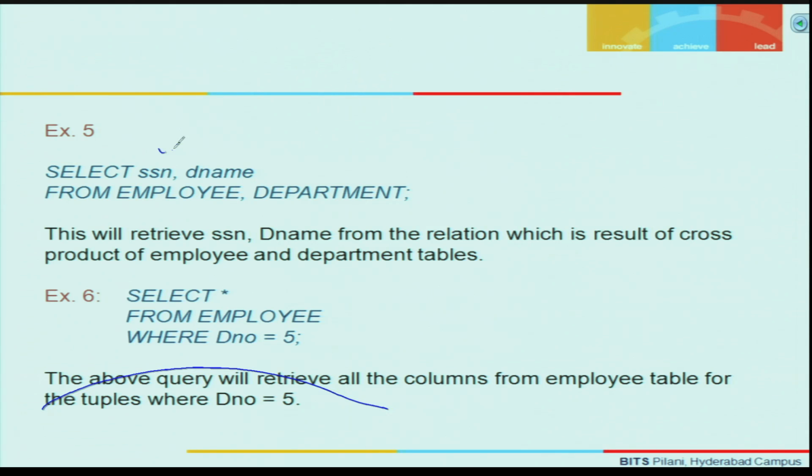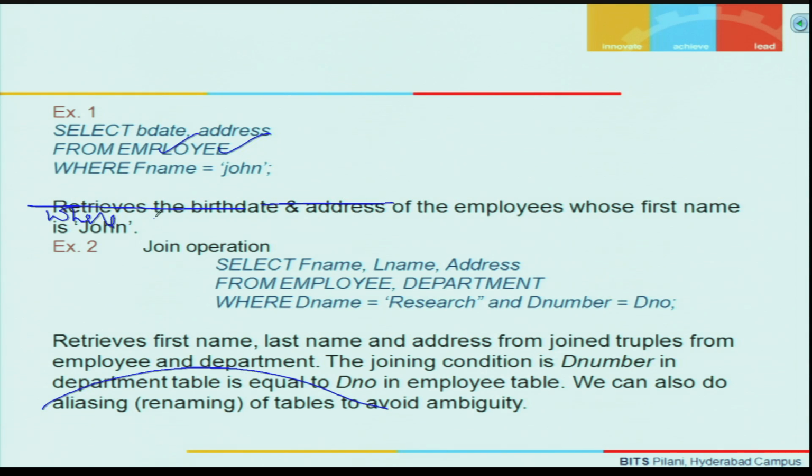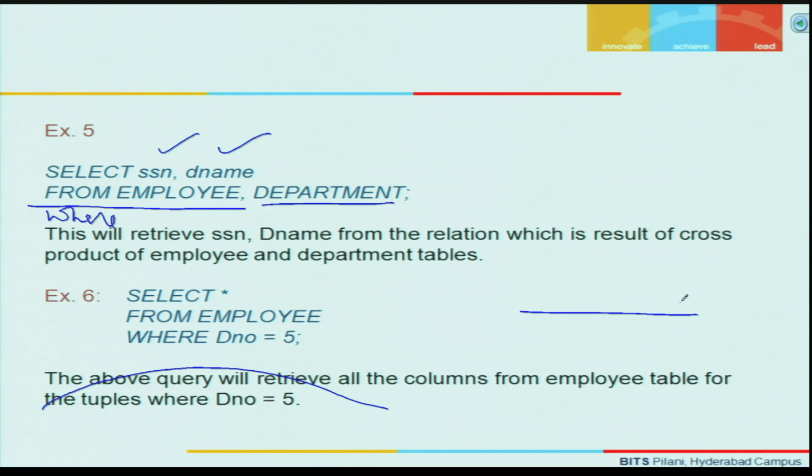Then select SSN and Dname from employee, department. That means for every employee I would like to know his SSN, that is social security number, and the department name. For this I need to join tuples spread across two tables, but here I am not specifying any where clause. In the previous examples, I clearly mentioned the join condition in the where clause, but here I do not have one.